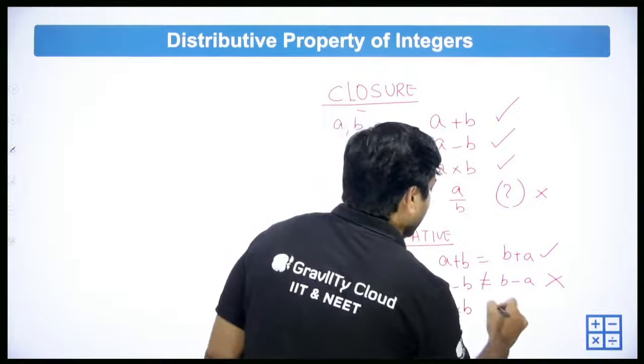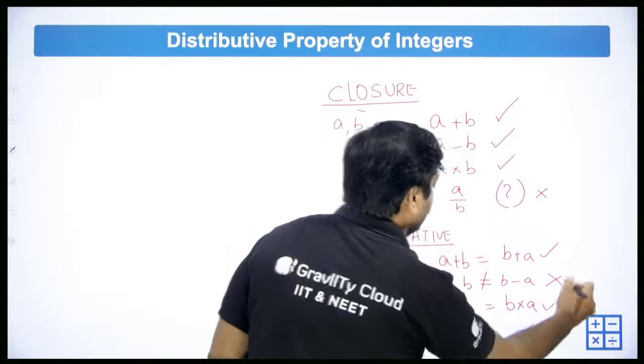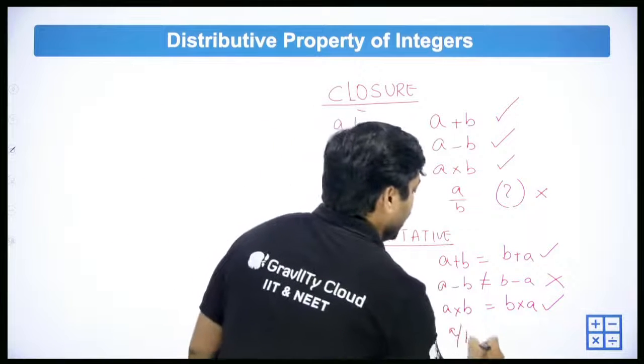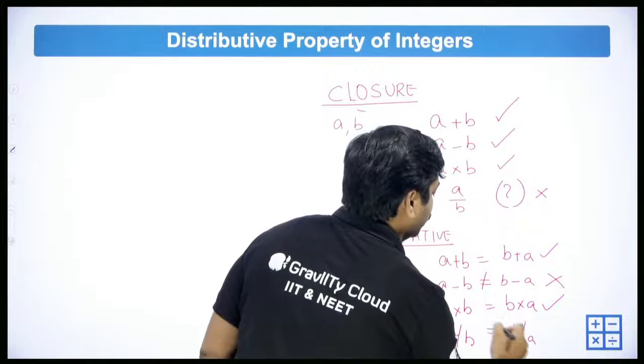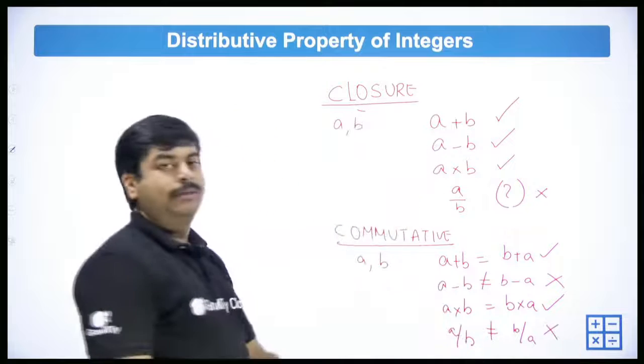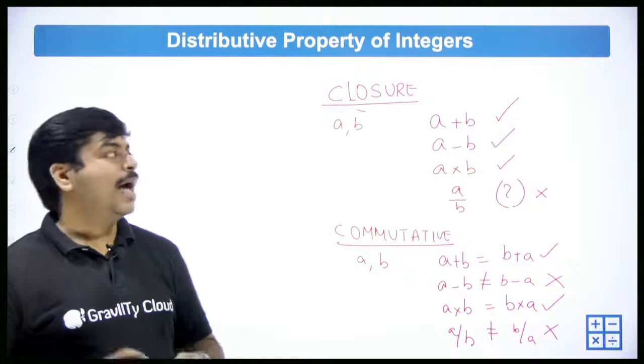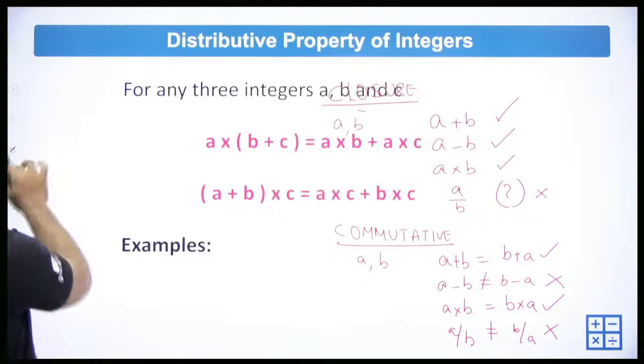A into B and B into A are equal, so multiplication is commutative. A divided by B and B divided by A are not the same, so division is not commutative. All this we have discussed, and in the coming class we will also discuss the distributive property.